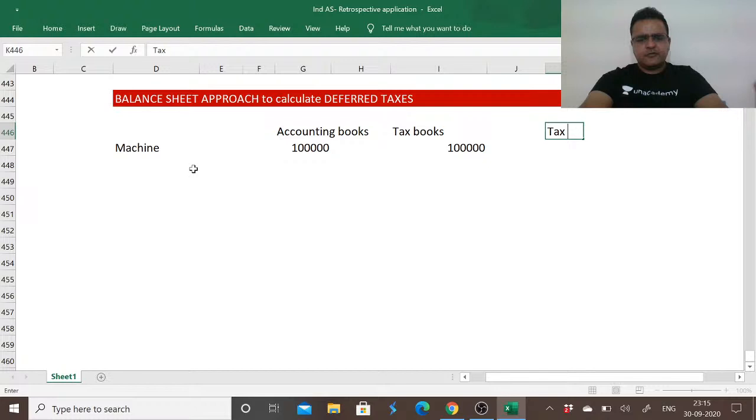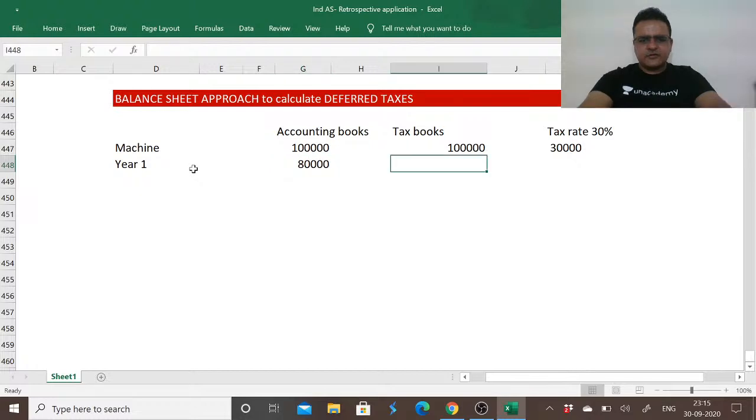If the tax rate is 30%, we pay taxes to tax authorities as well. So on day 1, we can see the balance is this. Here it was depreciated by 20,000. This was depreciated by 50,000, so net book value is 50,000. Year 2, end of year 2.